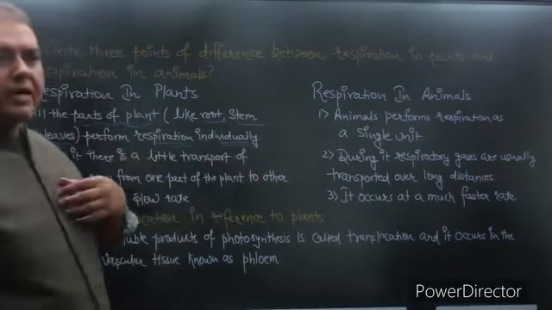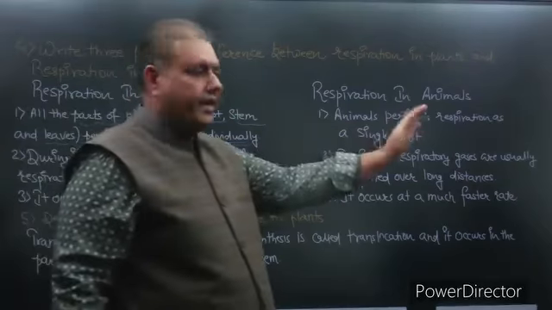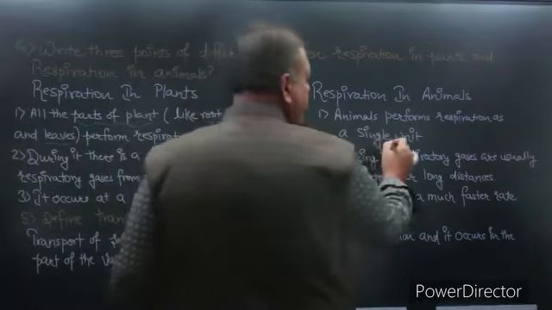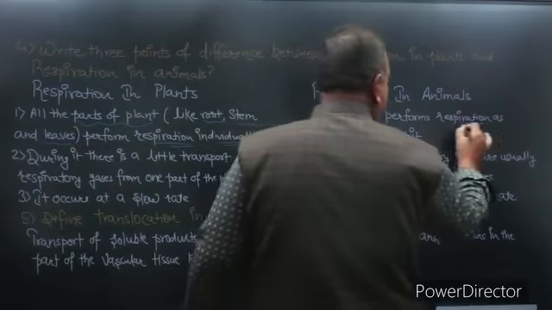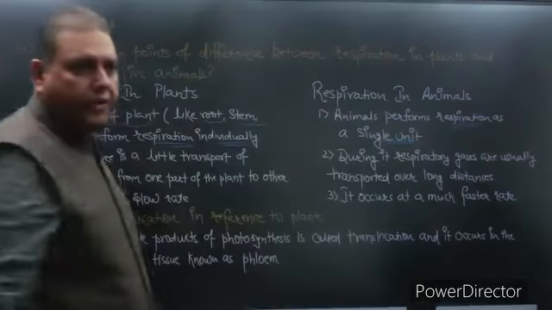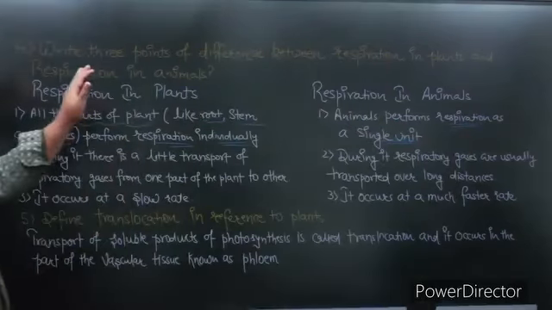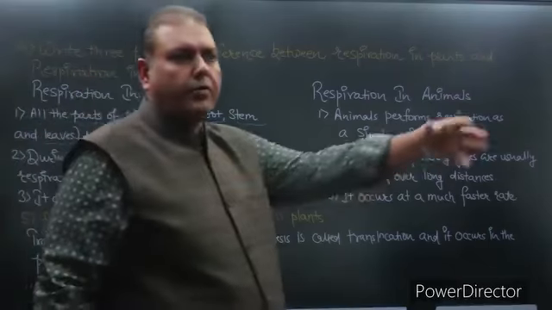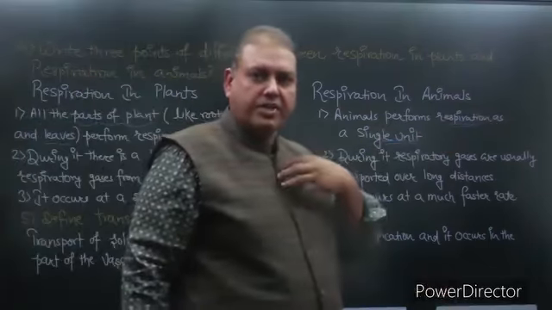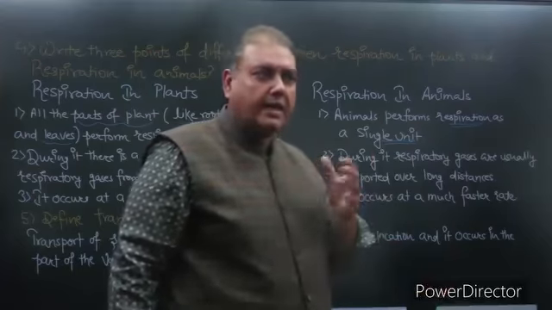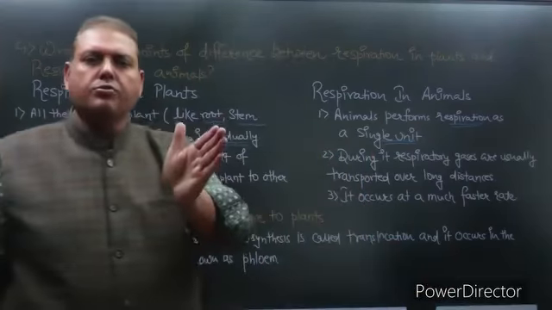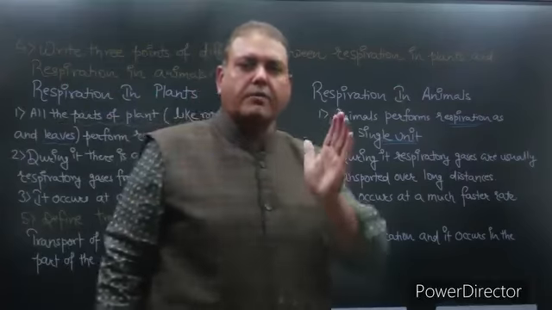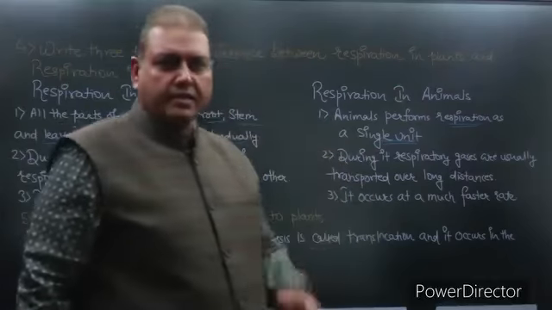Whereas when we compare it with the animals, we need to mention over here that they used to respire as a single unit. Now in our body, respiratory gases used to travel for a long distance because the exchange used to take place inside the lungs, and with the help of blood they used to reach up to the tissue and then they enter into the cells.